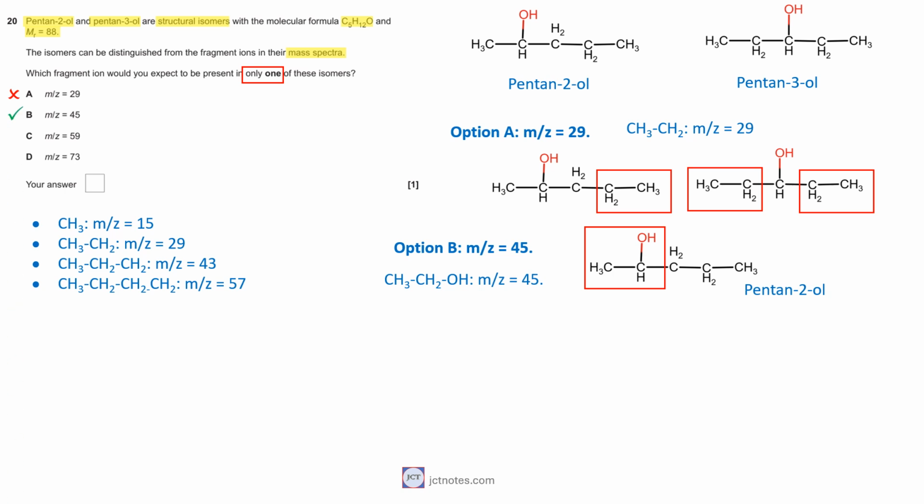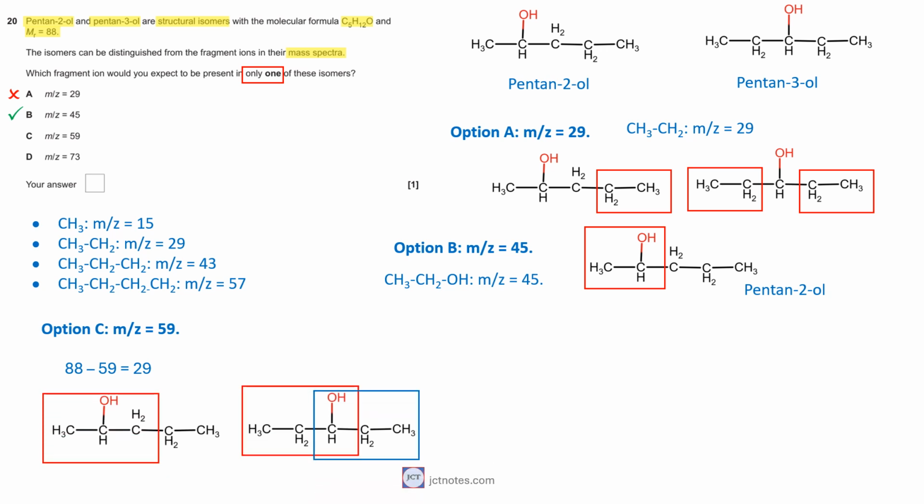For completion, I check the other two options. Option C, m/z equals 59. As the molecular mass is 88, we can calculate that 88 minus 59 equals 29, and as m/z equals 29 is for CH3CH2, we remove this fragment from both isomers, leaving the following fragments.